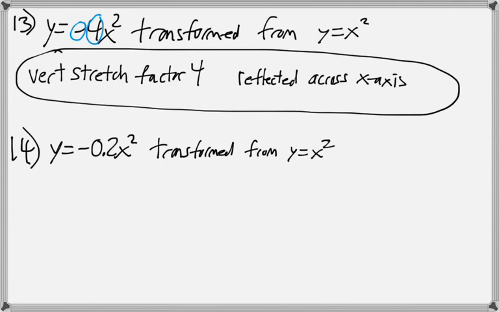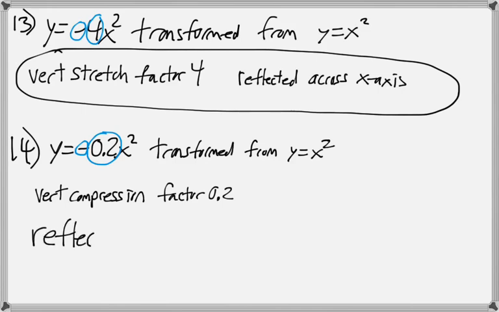And with the next one, we still have that negative sign, and then we have a 0.2. So because it's 0.2 and that's a decimal between 0 and 1, it's going to be a vertical compression of factor 0.2, and it's going to be reflected across the x-axis.